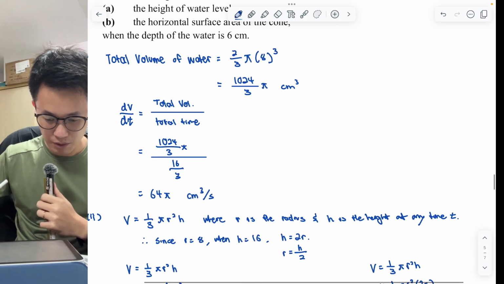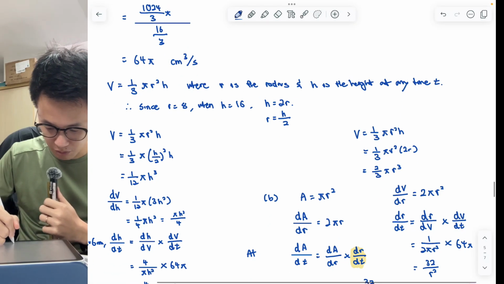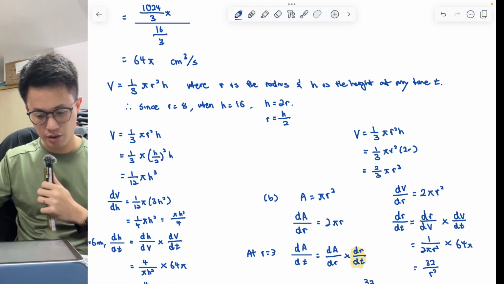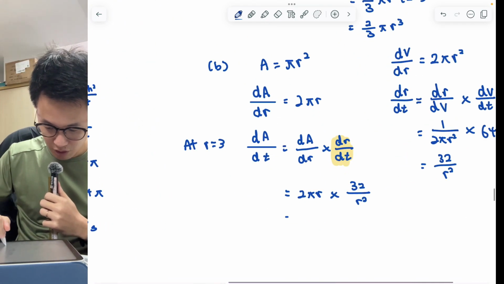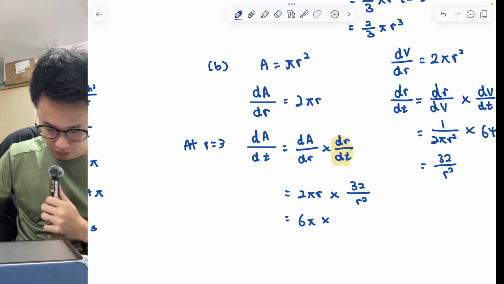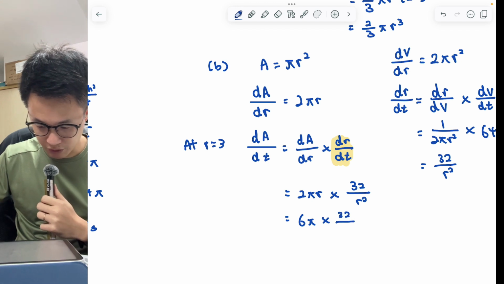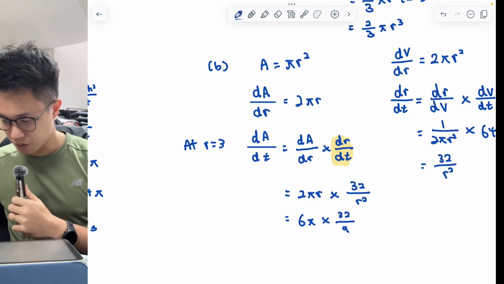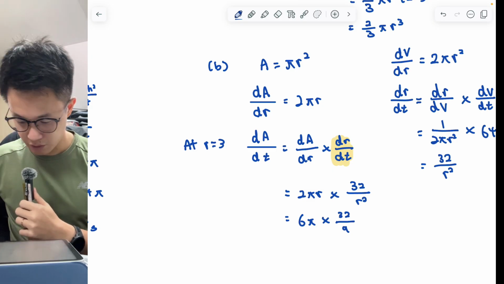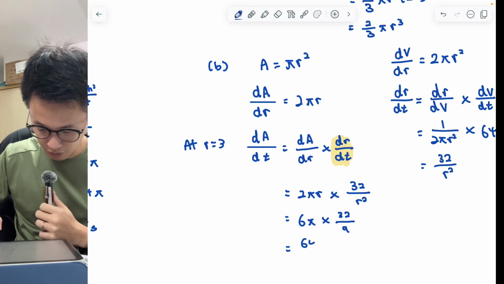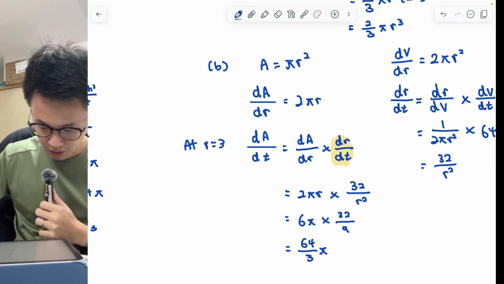If the depth is 6, the radius will be 3, because the radius is half of the depth. So at r equals 3, we have 6 pi times 32 over 9. So 32 times 6 divided by 9, you have 64 over 3 pi.